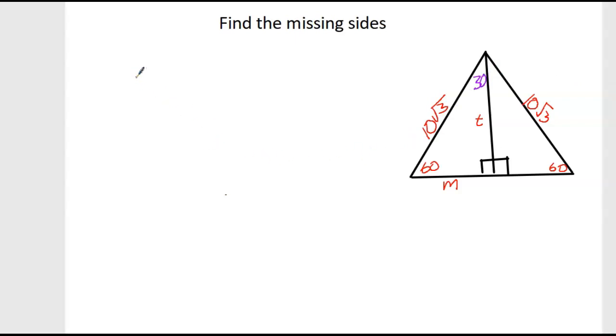That means we are using the 30-60-90 ratio, and we came with the ratio 1, root 3, 2. So the angle 90 corresponds to 10 root 3. Remember, we need our 30 side first. We need our m to make the work much easier. So this is the key.